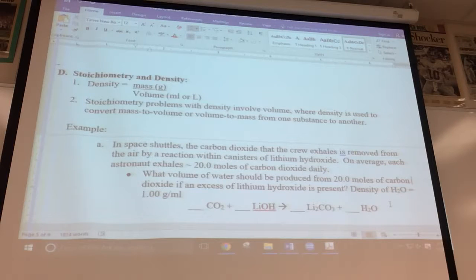So both types of conversions will involve density. It's a matter of where you put density and whether you use density as is or if you use the reciprocal of it. So we're going to walk through a series of 3 problems, and then there are a couple of problems on your classwork that correspond with it.